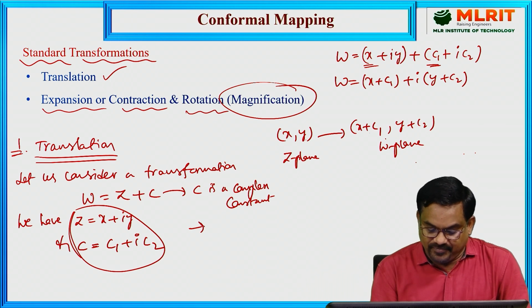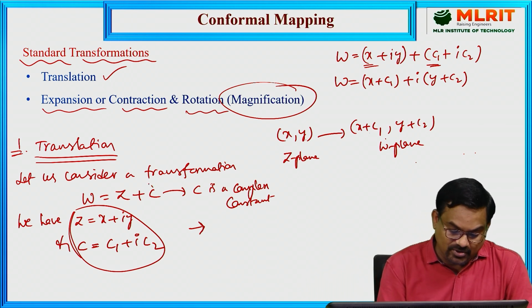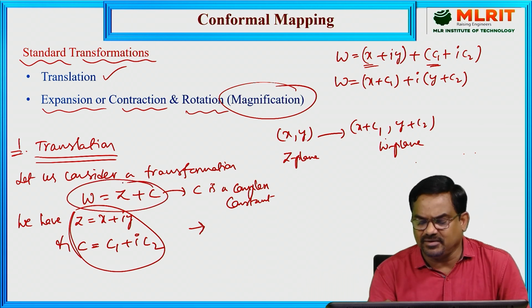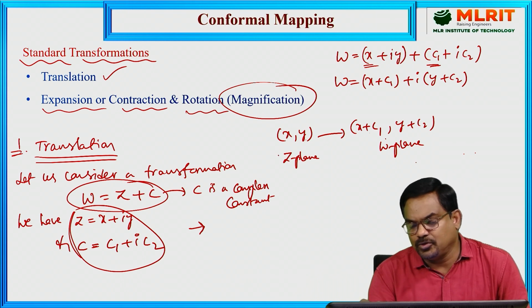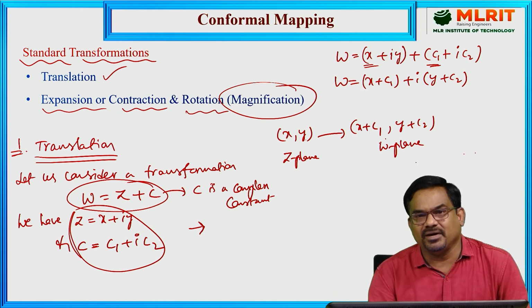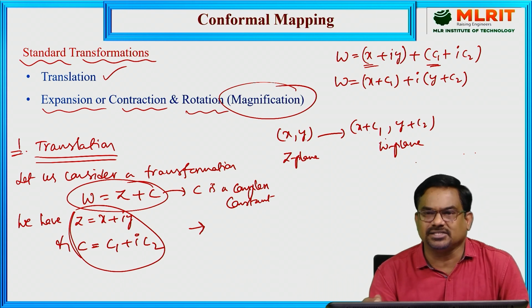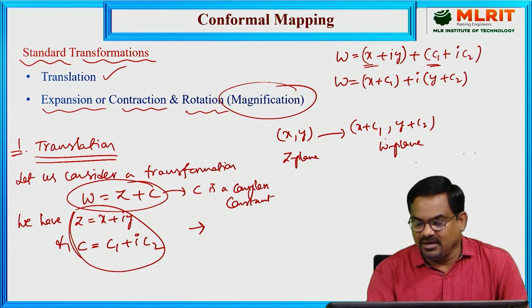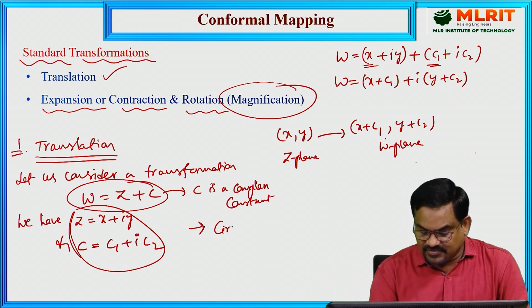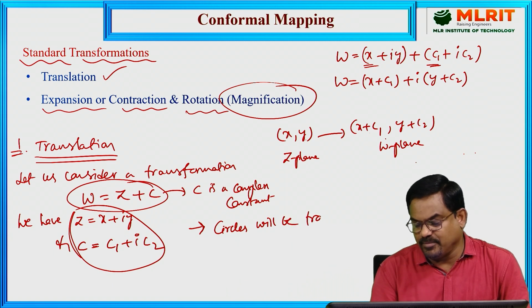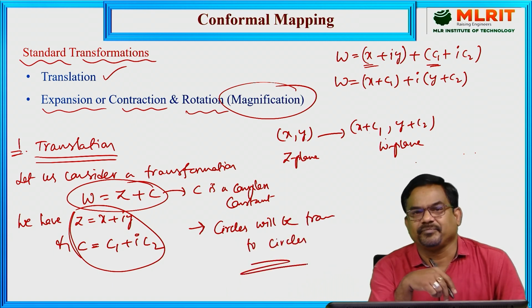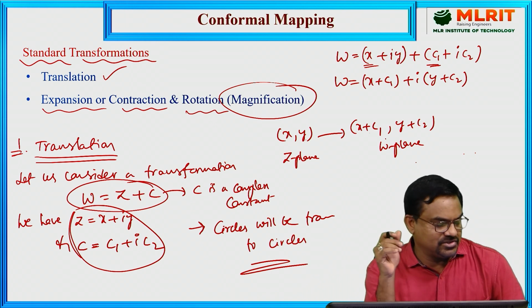So here the transformation W equal to Z plus C transforms a figure in Z plane to a figure in the W plane having the same size and same shape. In general, circles will be transformed to again circles in W plane. So this comes under translation.